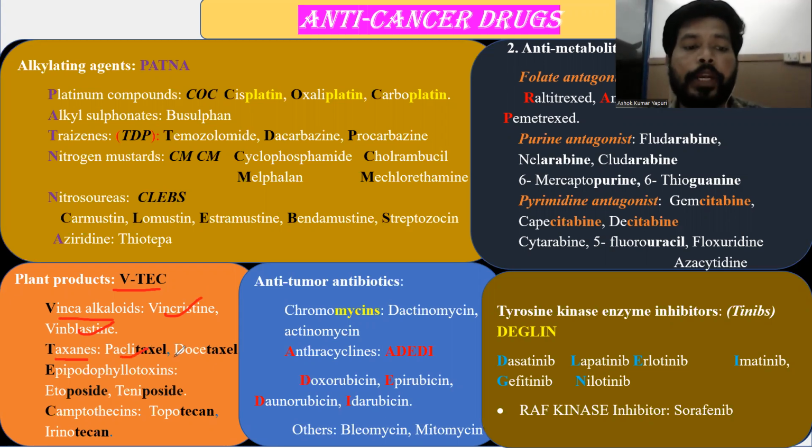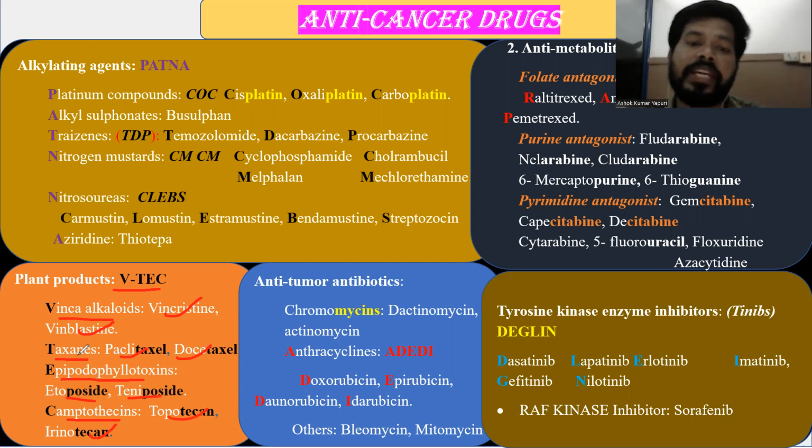Examples are paclitaxel, docetaxel. Next, epipodophyllotoxins, like etoposide as well as teniposide. Next, camptothecins, with examples like topotecan as well as irinotecan. Tecans are camptothecins, poside means epipodophyllotoxins, and taxel means taxanes.